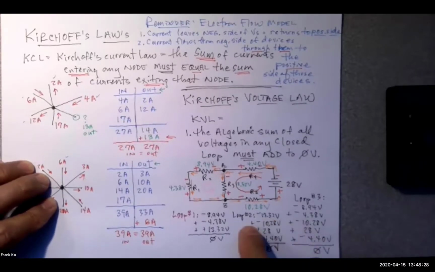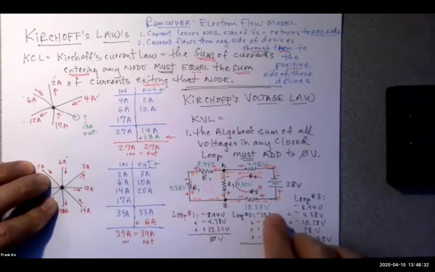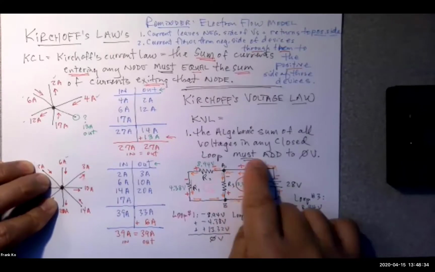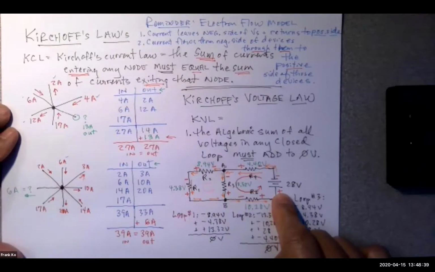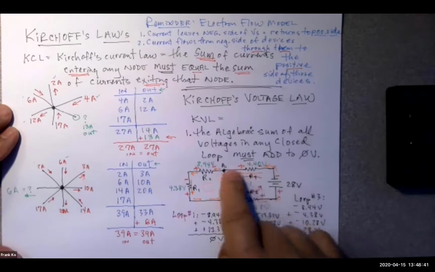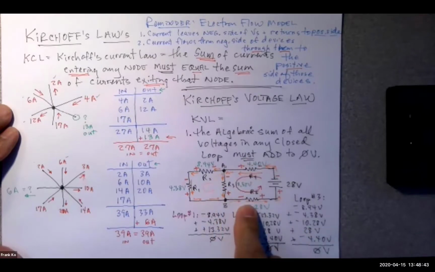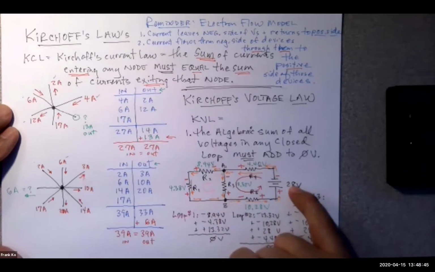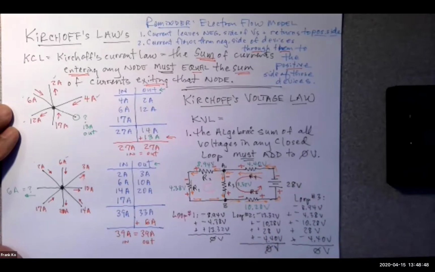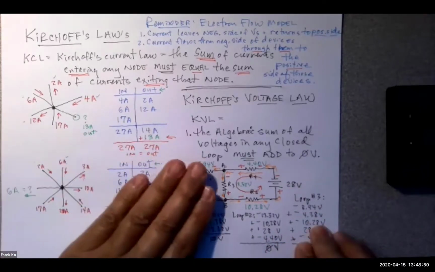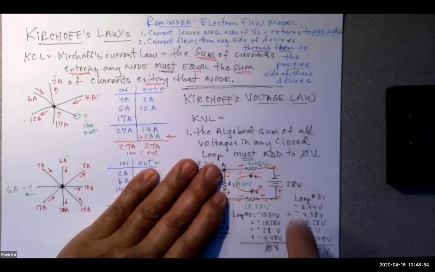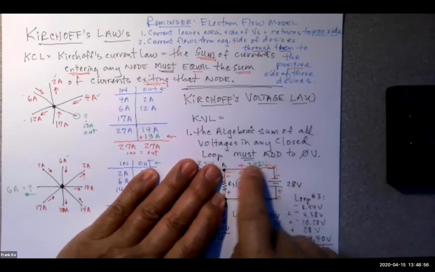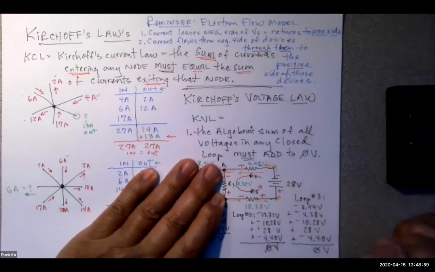Fundamentally, in more basic circuits, the algebraic sum of voltages in a closed loop must add up to the voltage source. So if I have a closed loop here, these voltages algebraically must add up to this voltage source. And they happen to. So in this closed loop, we demonstrated that earlier because this one portion of the circuit has a closed loop, has a voltage source in it.